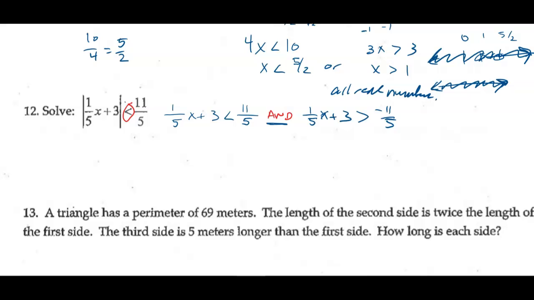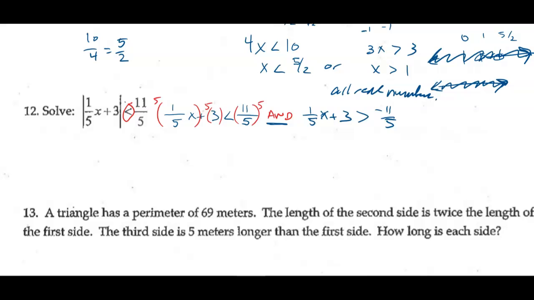You've got to solve everything. We can do this by multiplying by 5. So when you multiply 1/5 x, you can take this, multiply by 5, multiply by 5. You have to do everything by the 5, don't forget.